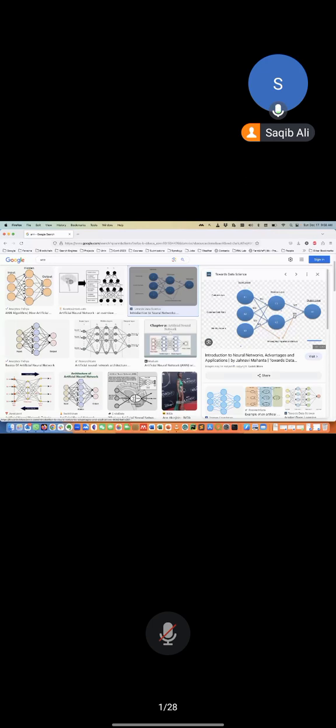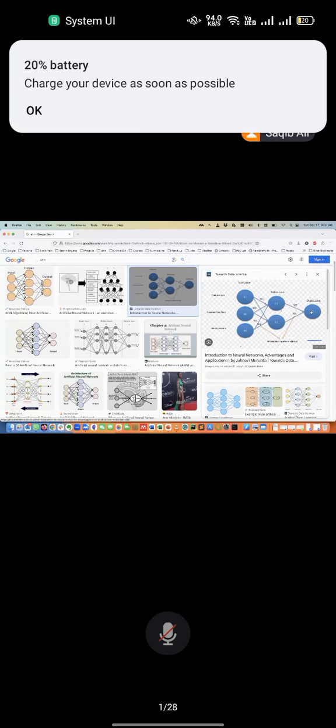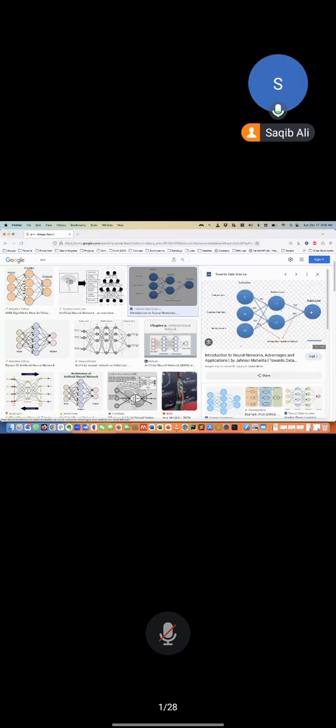We have to adjust these weights in such a way that our input and output match the training examples. In other words, we have to reduce the errors. When these weights are adjusted between the input layer, hundreds of hidden layers and output layers, then when we feed an unseen example, it will give us the right output.